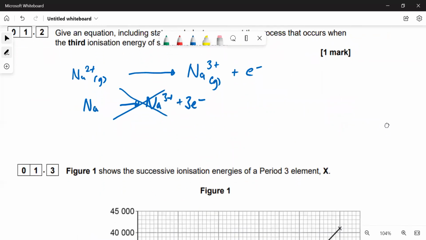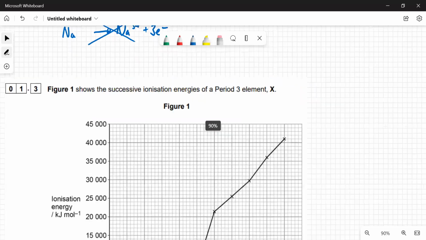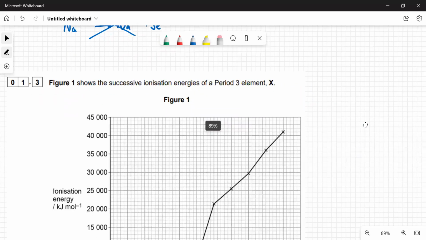Okay, figure 1 shows the successive ionization energies of a period 3 element.